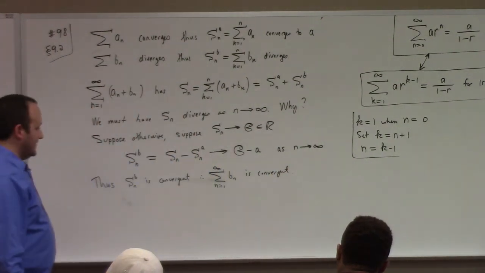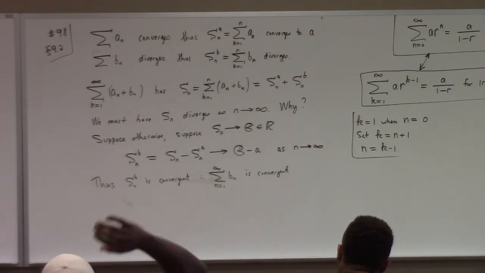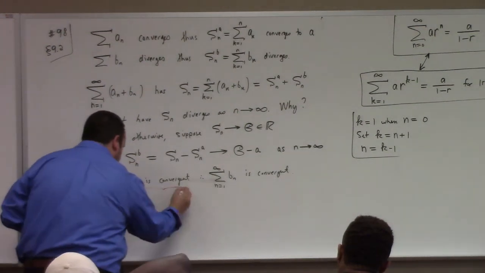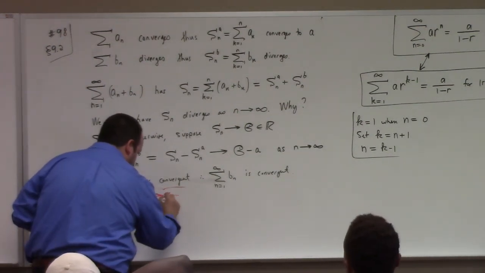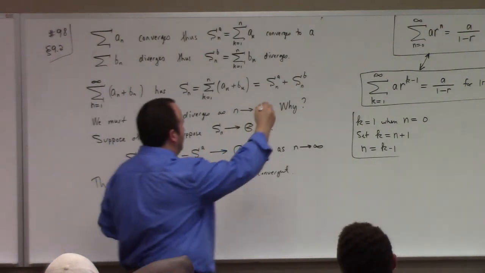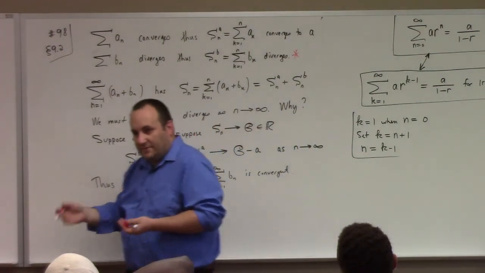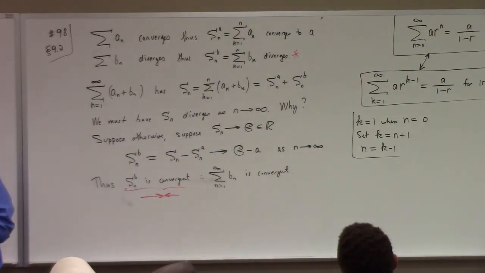I mean, pick your poison. You could stop at the first thing. Already here, we can stop, because this is a contradiction. What does it contradict? It contradicts this up here, which is by the definition of divergent series, that the nth partial sum diverges.